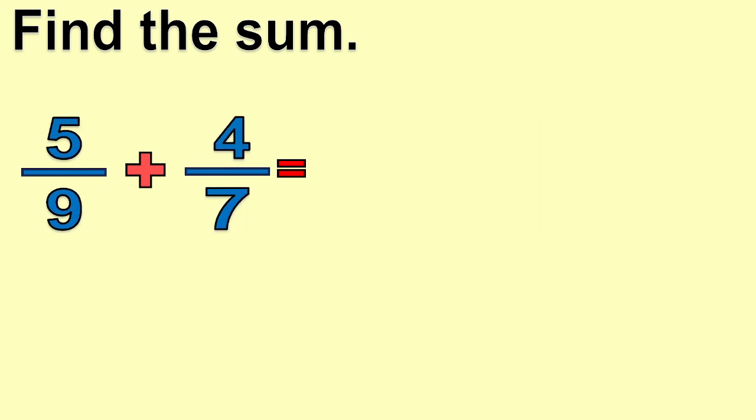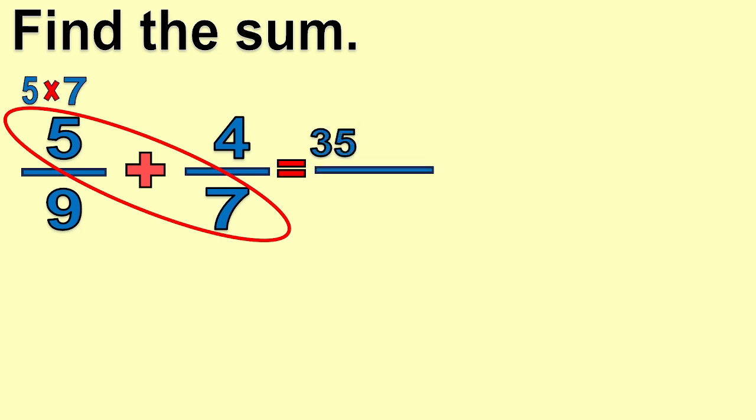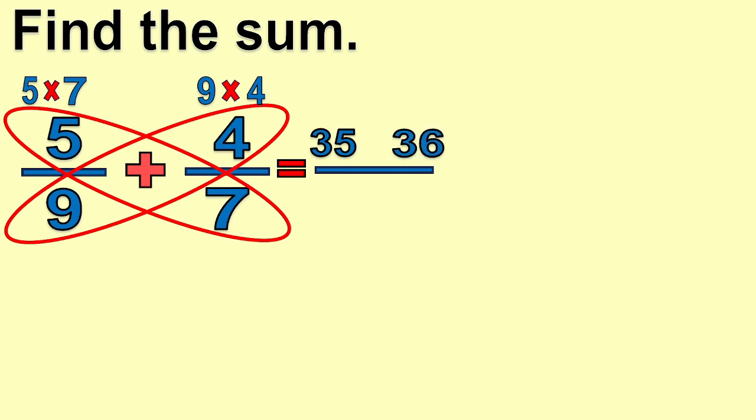Another problem. 5/9 plus 4/7. First, multiply the numerators and denominators diagonally. We have here 5 times 7 equals 35. 9 times 4 equals 36. Multiply the two denominators.